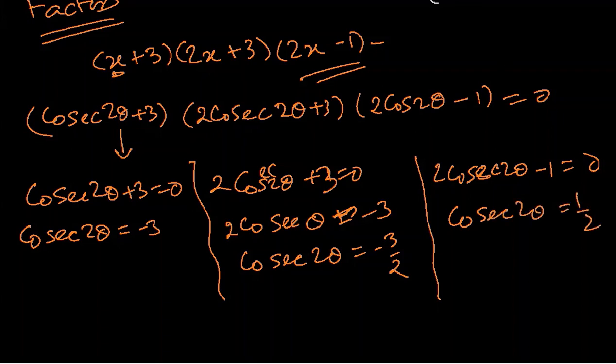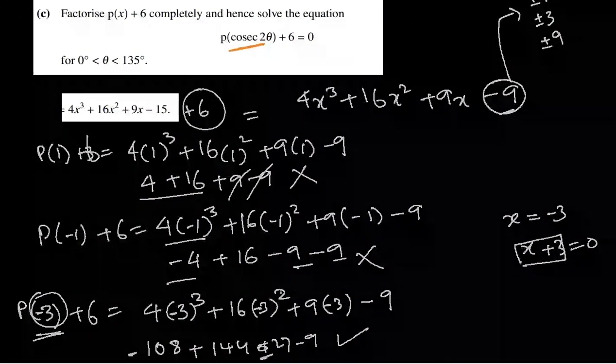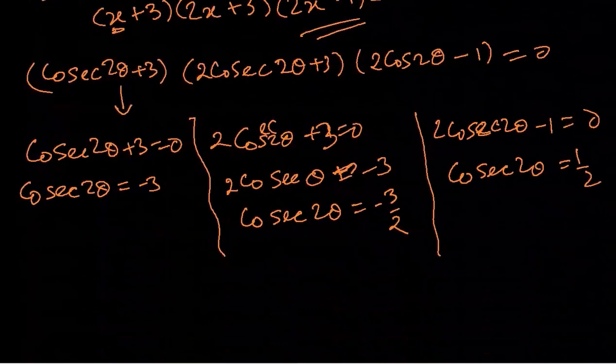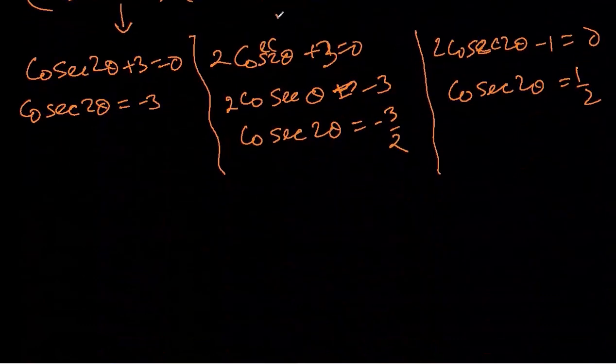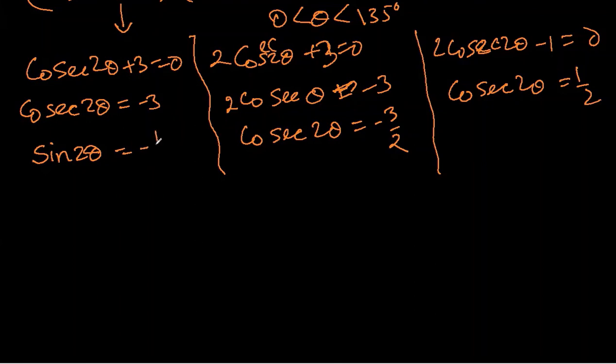These are three equations and we have to find the value of theta, and the theta range is given in the domain 0 to 135. Any answer beyond 0 to 135 is unacceptable. Okay, let's focus on the first one. Cosecant 2 theta is not on our calculator, so we will reciprocate. It becomes sine 2 theta if I reciprocate cosecant. We can't reciprocate only one side, I have to reciprocate the other side also, minus 1 over 3.